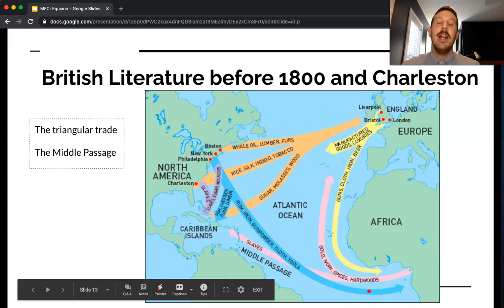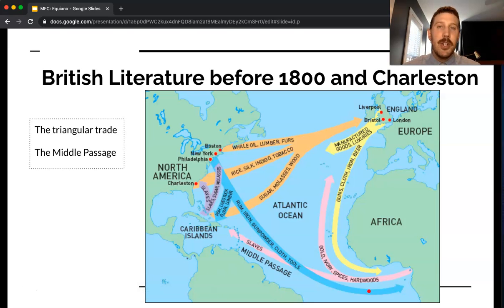Now, another reason I want to devote attention to this image is because this is a real moment in which our subject of this class, British literature before 1800, makes a strong connection to where we are right now in Charleston, South Carolina. For most of this class, it's safe to say that British literature before 1800 felt very distant from Charleston, South Carolina.